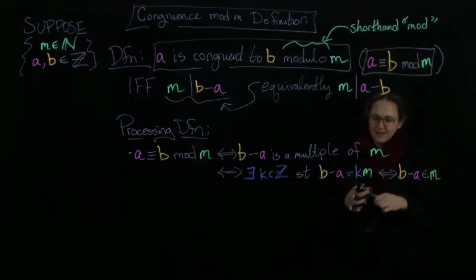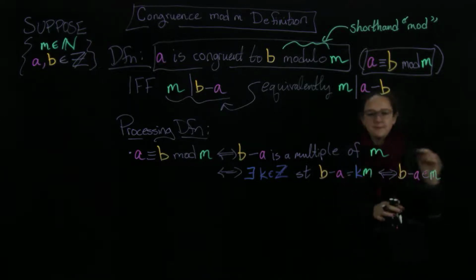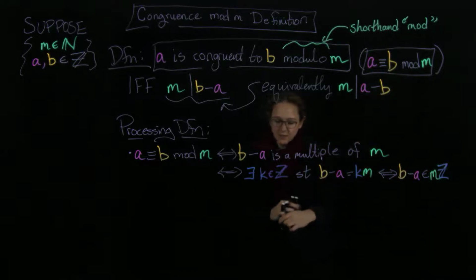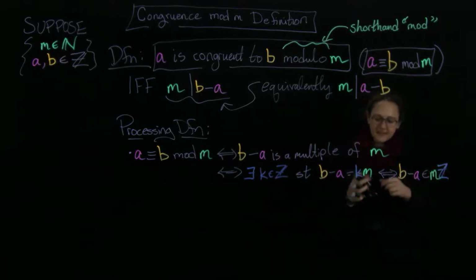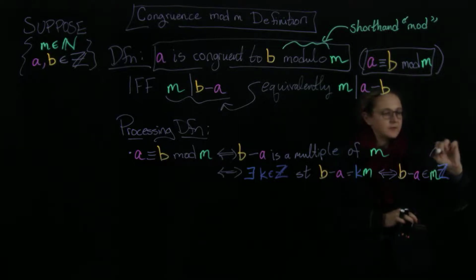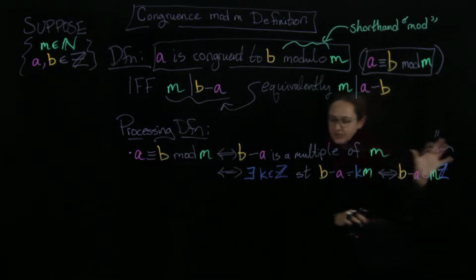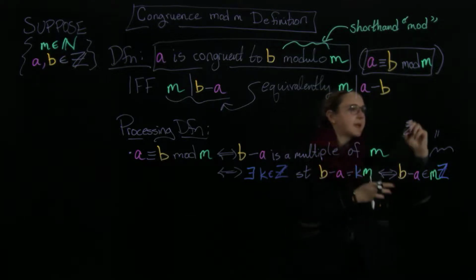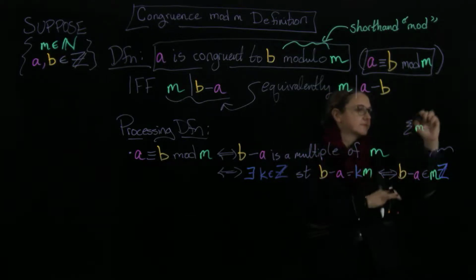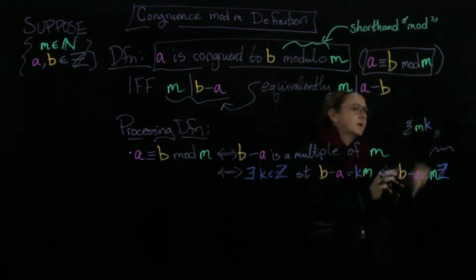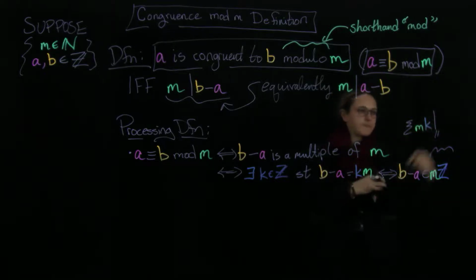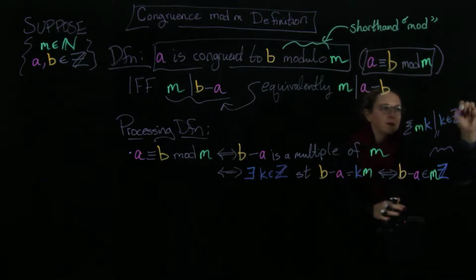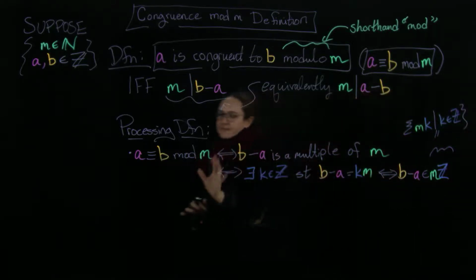This is probably new notation for you. What do I mean when I write this? I just mean the set of all MK such that K is an integer. So this is a whole bunch of different ways of saying the same thing.